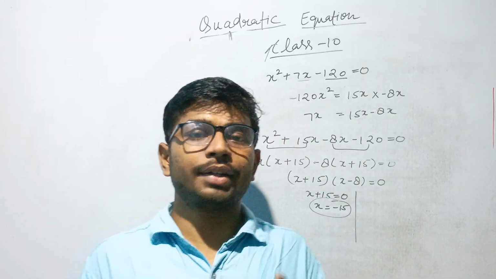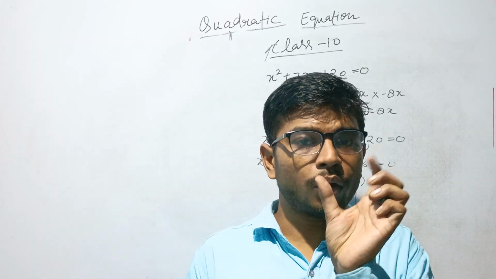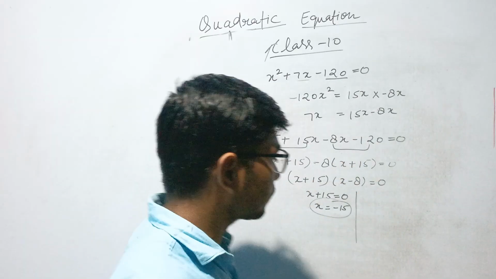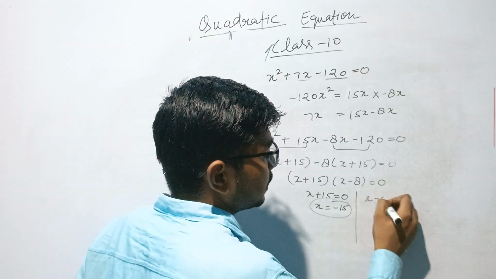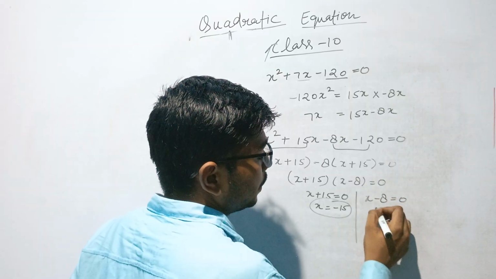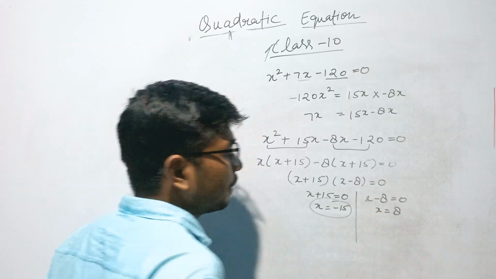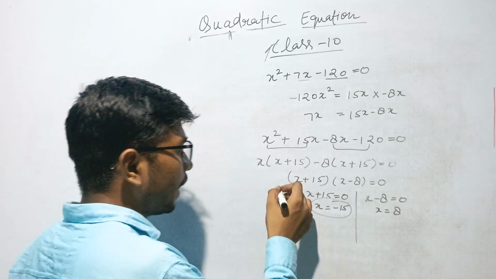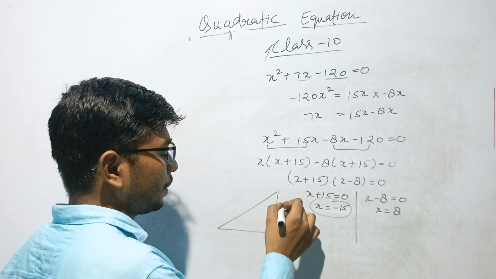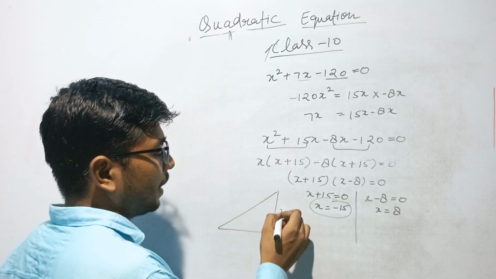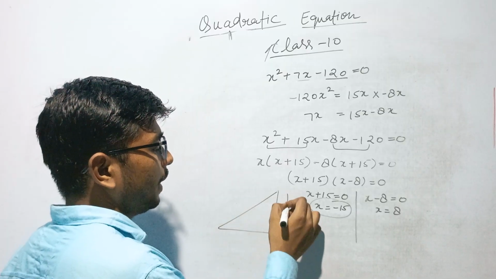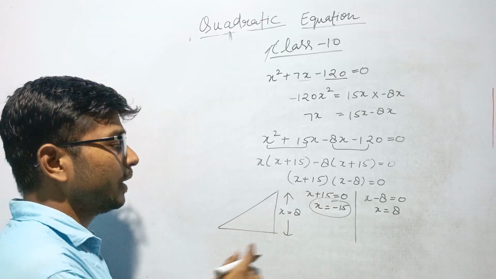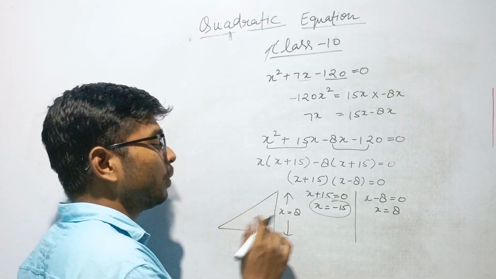But if they give you any normal quadratic question, there will be two answers, right? So x minus 8 will be 0, so x is equal to 8. So I told you, this is x, the altitude or perpendicular is 8, and the base or shadow of the tree was 7 centimeter more than this.